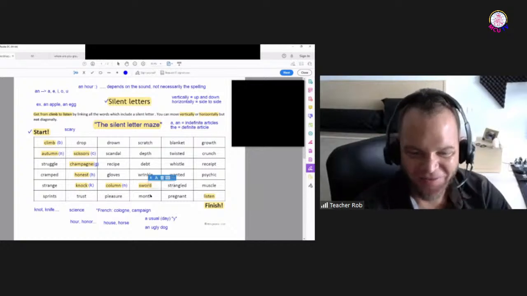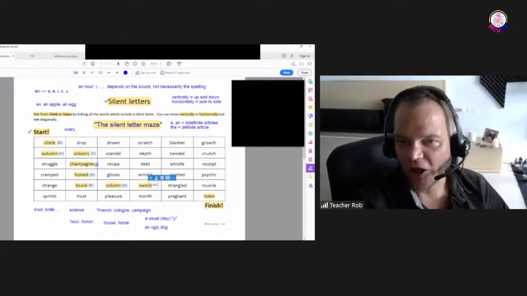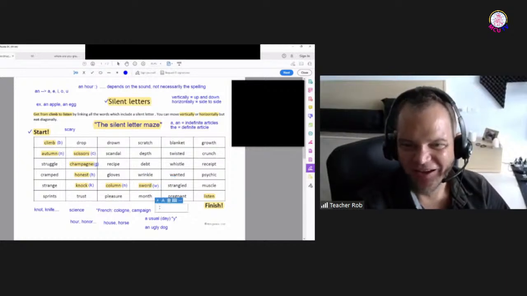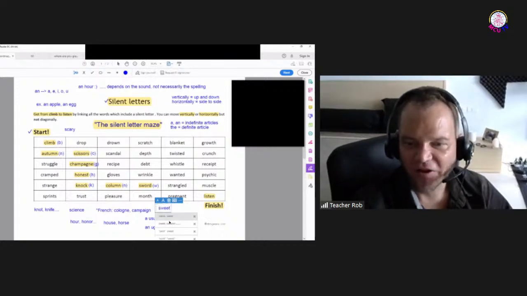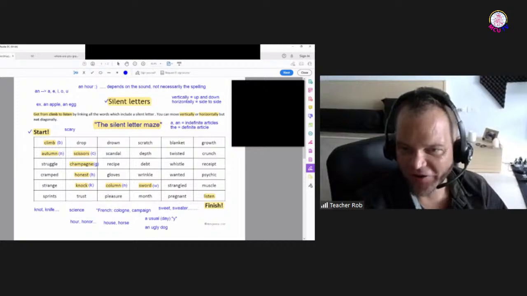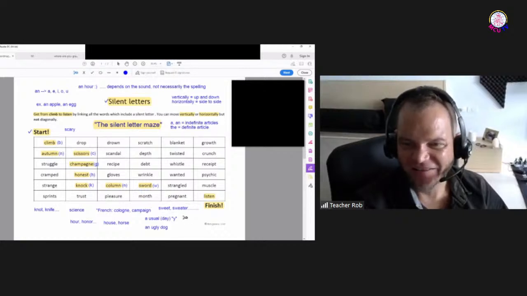So you guys notice how it would sound like "swored", right? But usually it's going to sound like this, words like sweet or sweater, that's got that SW sound. But in sword, it does not sound like that.